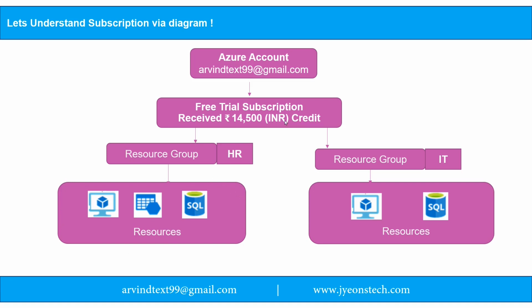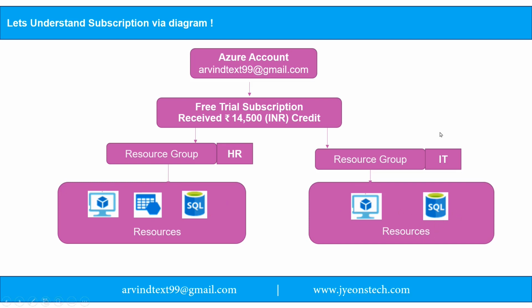For example, in your company there are two departments, HR and IT, and you have created a resource group with the name HR and a second resource group with the name IT. Inside the HR resource group you have created three resources, for example virtual machine, table or SQL server. In the IT resource group you have created two resources, virtual machine and SQL server.